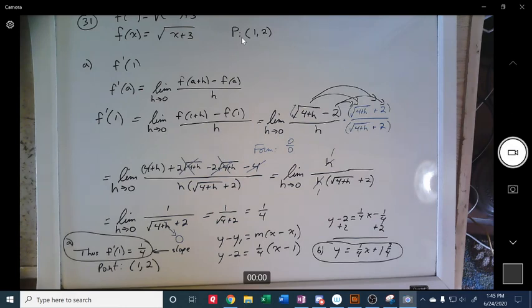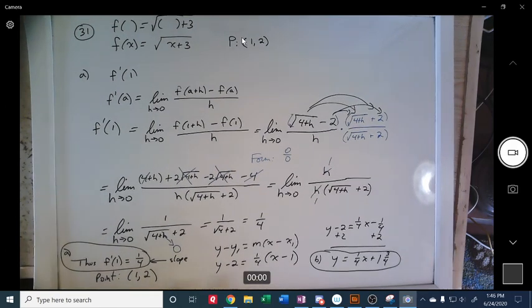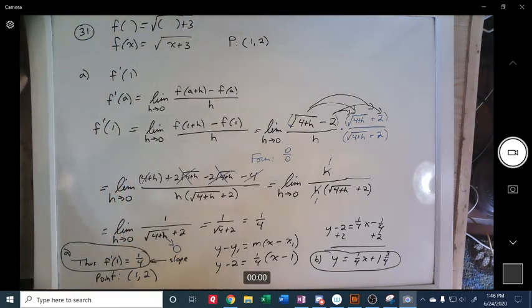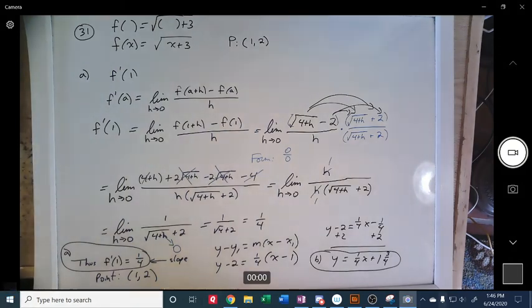And then when I get one of these, what I always like to do is to put both the original function and the tangent line on the same graph. And an easy place to do that is Wolfram Alpha.